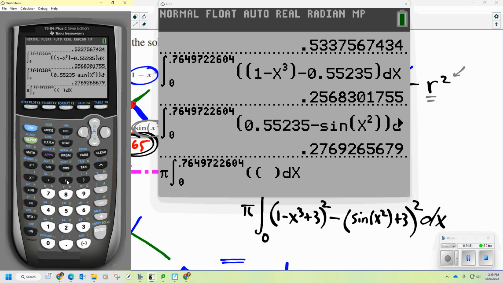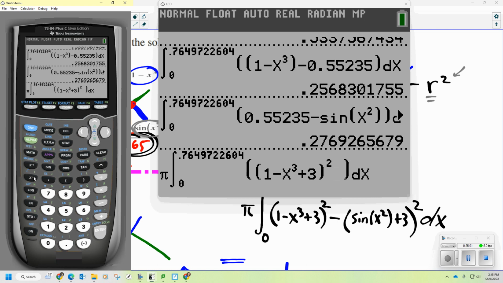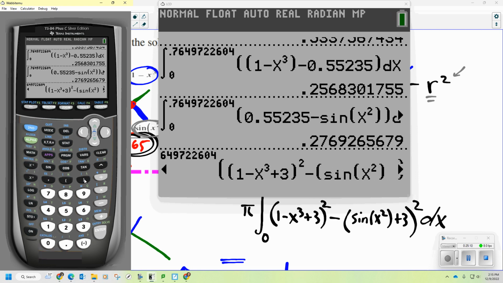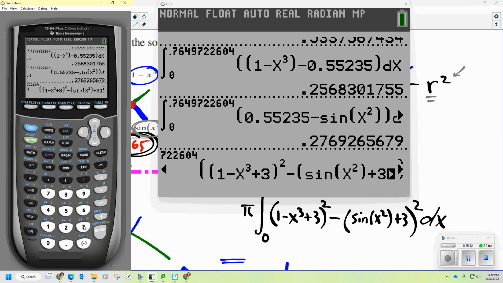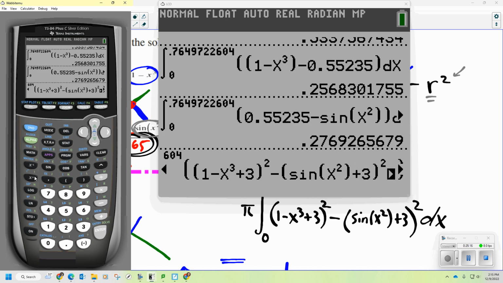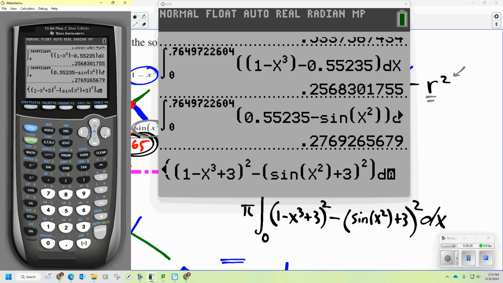It's 1 minus x cubed. I pop off there and add 3 squared, minus my second radius. I'll put that in its own parenthesis. It's the sine of x squared plus 3. I got to close that parenthesis, and I got to square that radius. All right, I think I have an opening and closing parenthesis for every parenthesis.